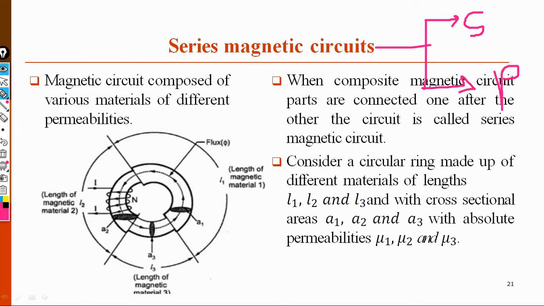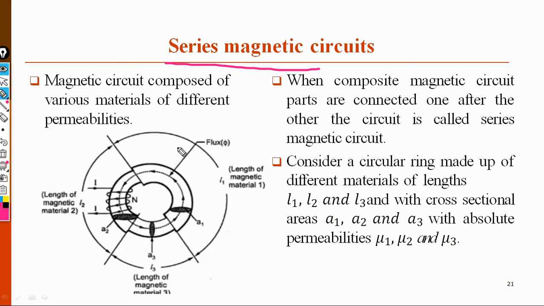Now series magnetic circuit is also called a composite magnetic circuit or a group of magnetic circuits. In a series magnetic circuit, one circuit is connected after another circuit.